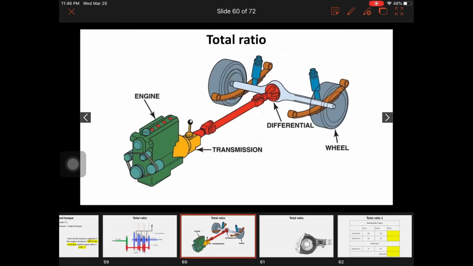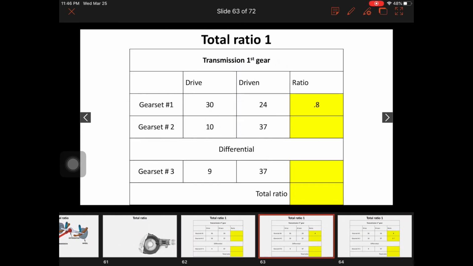Now, for today's example, we are just going to calculate what's there. I've already put those on for you to help. So we know we have 30 and 24, and then our gear set number 2 in the transmission is 37 and 10, and that is going to give us a ratio of 3.7 to 1.